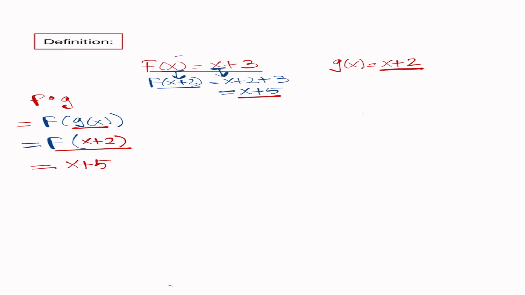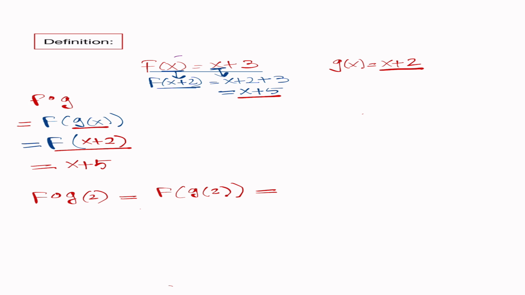Now, what if they ask you to find f of g of, let's say, 2? How do you do that? You do the same thing. You simply write it down, f of g of 2. Now, there are two ways you can do that.